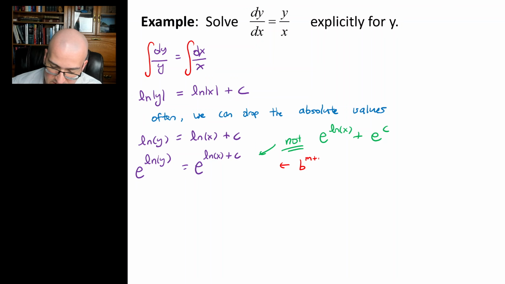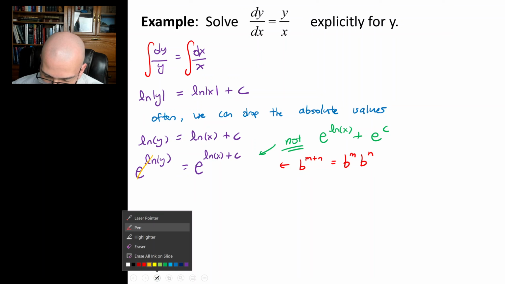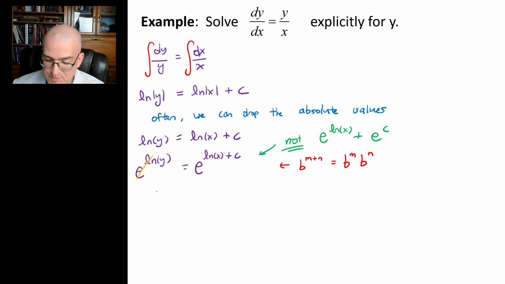b to the m plus n is b to the m times b to the n. So I'm going to use that on the right-hand side. The left-hand side is beautiful. We just get y. Right-hand side, we have e to the ln of x multiplied by e to the c. That's b to the m times b to the n. Now I can cancel the e to the ln x.